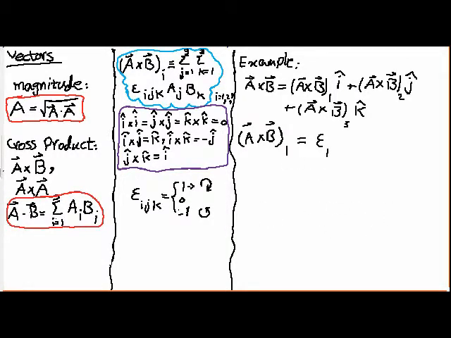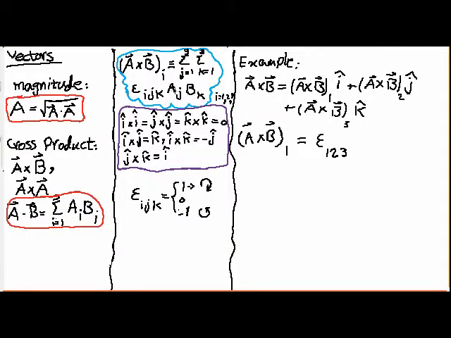Therefore I am left with, let's say, first 2. So j is now 2. Then k can only take 3, otherwise epsilon is 0. If k is 1 or 2, then epsilon is 0, so k can only take 3.